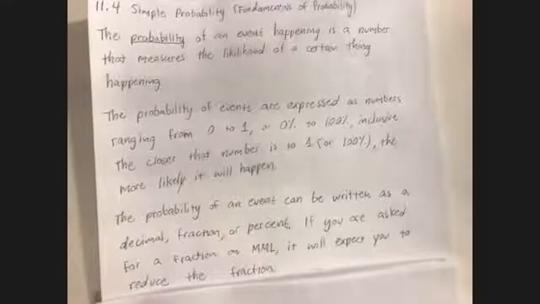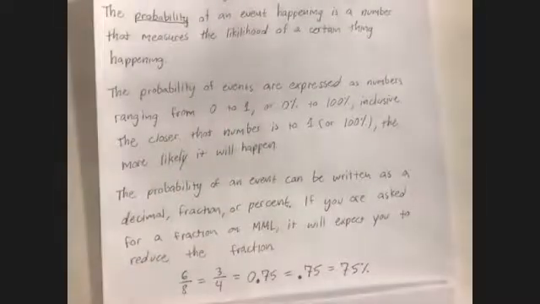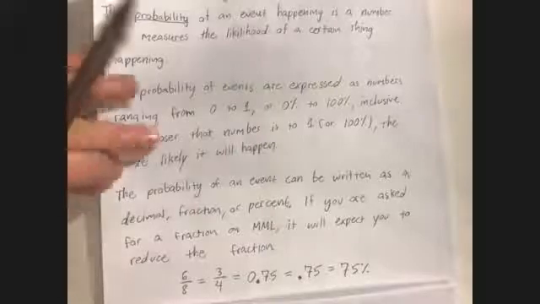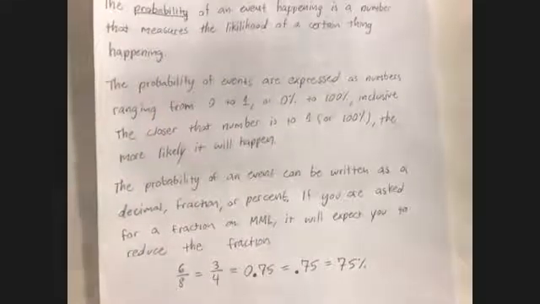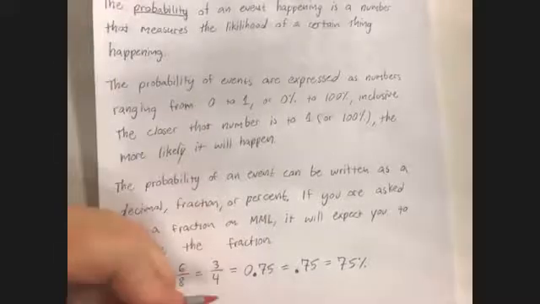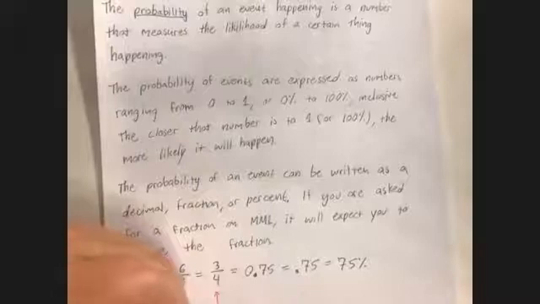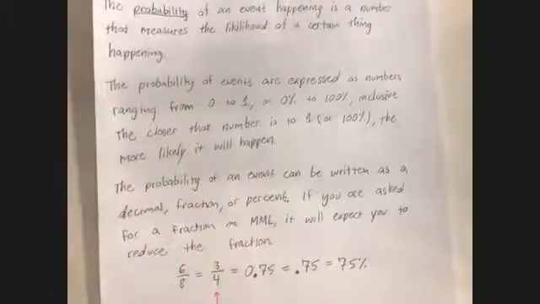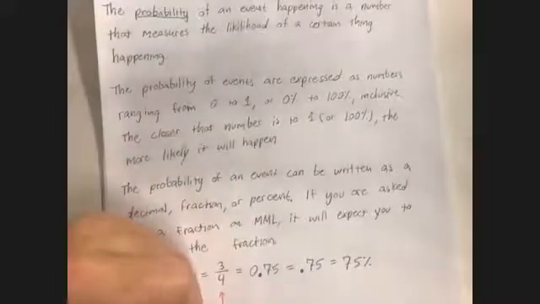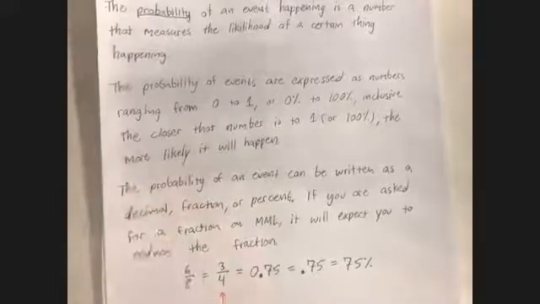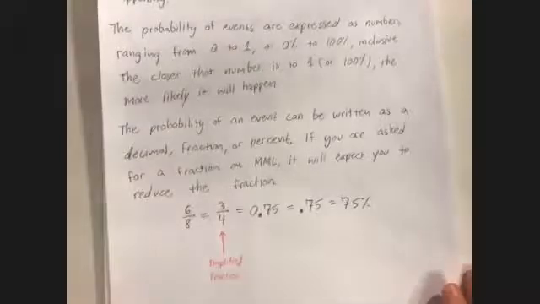So what I've done is I've taken 6/8. Obviously, we can reduce 6/8 to 3/4. So if we're working on homework and the answer is asked as a fraction, this is the answer they're going to want. They will call this a simplified fraction, which means reduce it.